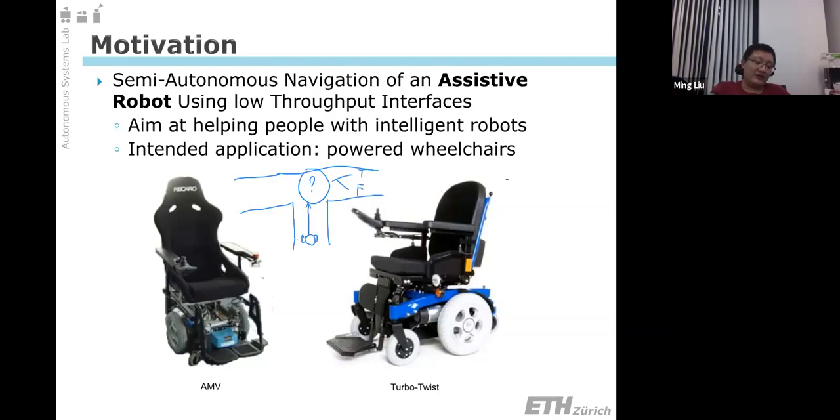And you know that from BMI, if we want to get some high precision control, this is not possible so far. But it's possible to get some Boolean decisions.